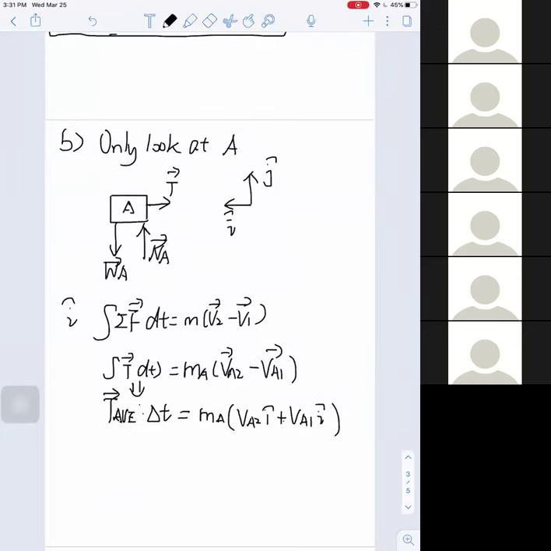One thing to be careful about in section C is that the linear impulse momentum equation is a vector equation.